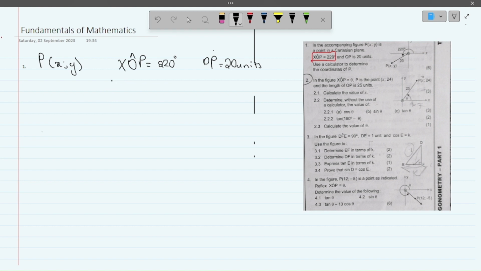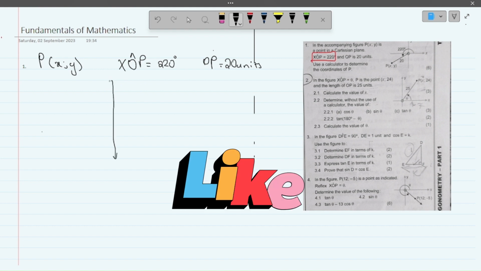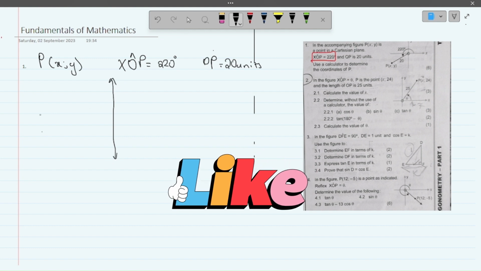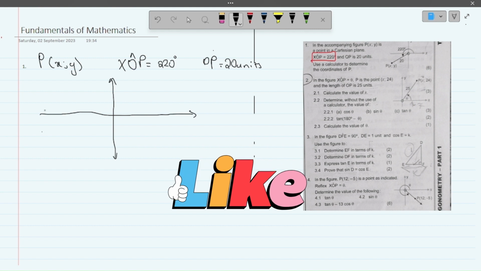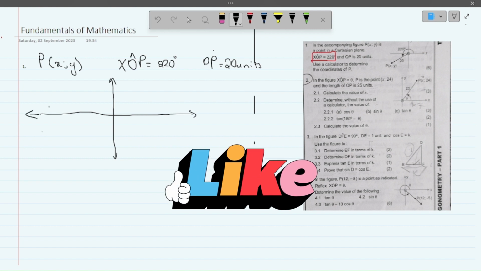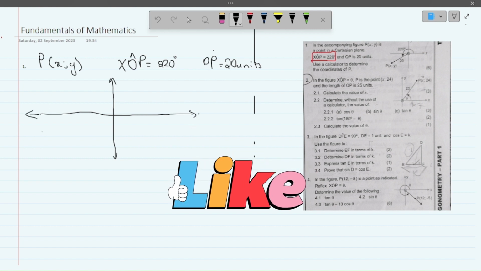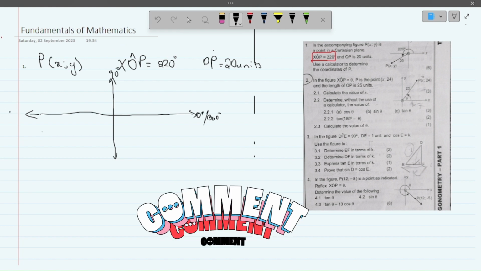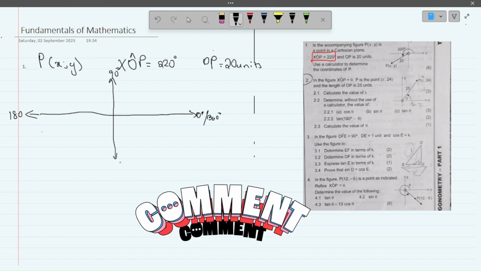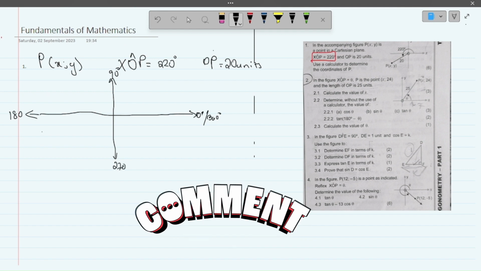First of all, I would like to represent this information in graphical format, in a Cartesian based format. So this is our Cartesian plane. This is 0 degrees to 360 degrees, then this is our 90 degrees, then this is 180, and this is 270 degrees.